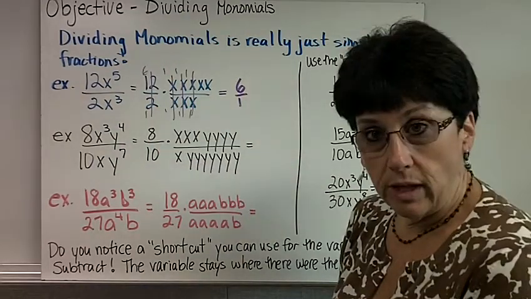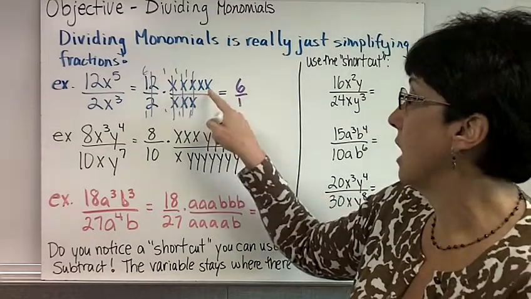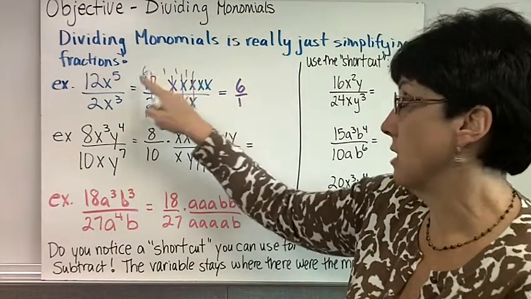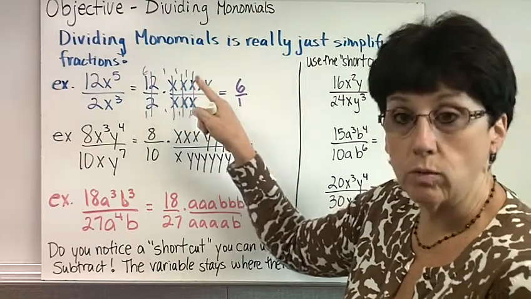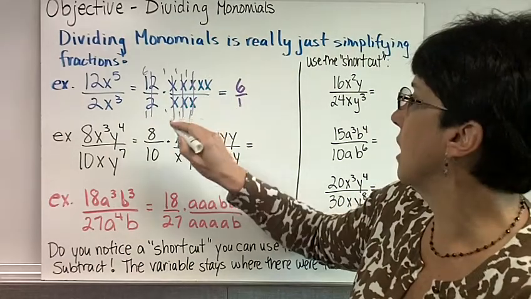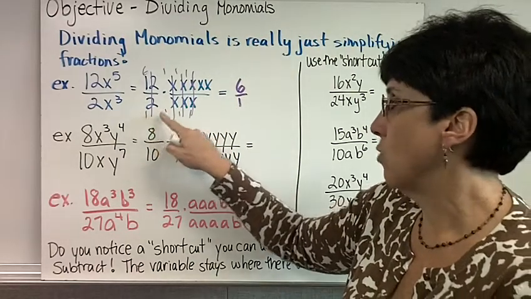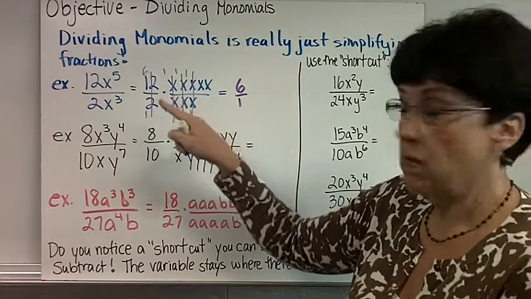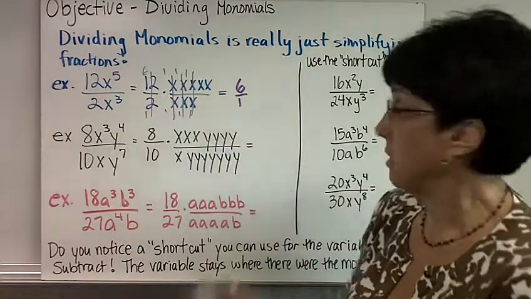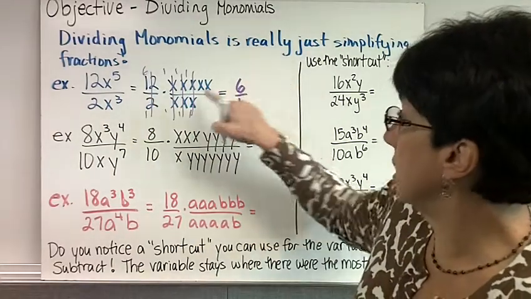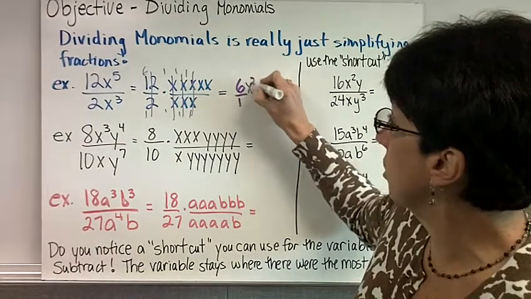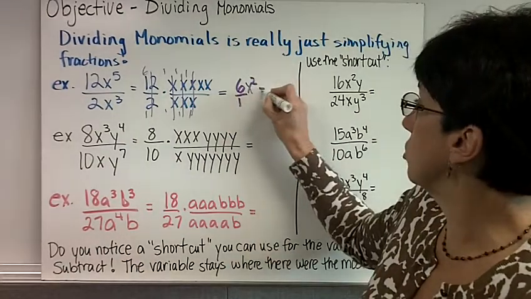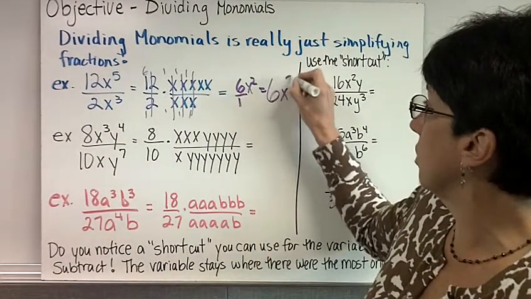So the only thing we have left in the top is the 6 and 2 x's, because otherwise it's 6 times 1 times 1 times 1, which is the same as 6. And in the denominator, we just have 1 times 1 times 1 times 1. So we've simplified it. Okay, so it's 6. How many x's? x squared over 1, which we could just write as 6x squared.